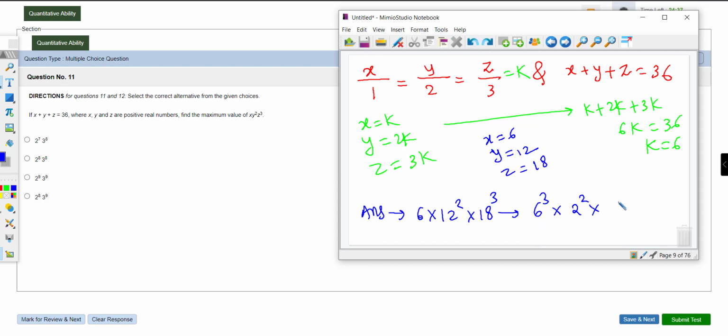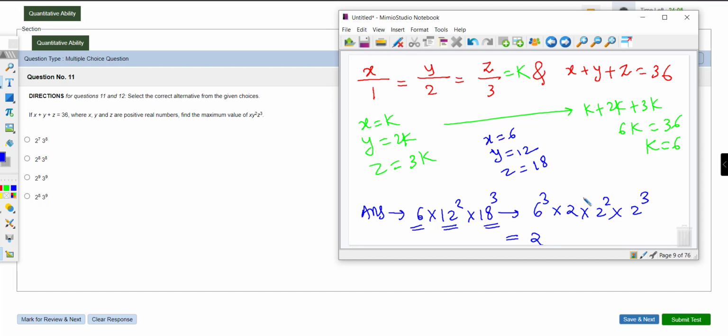This is 3 to the power 3. So this is 6 cube. One second, let me go back. 6 cube. So over here 2 is remaining, over here 2 square is remaining, and over here 2 cube is remaining. So this is going to be 2 to the power 9, but 2 to the power 9 is not an option.